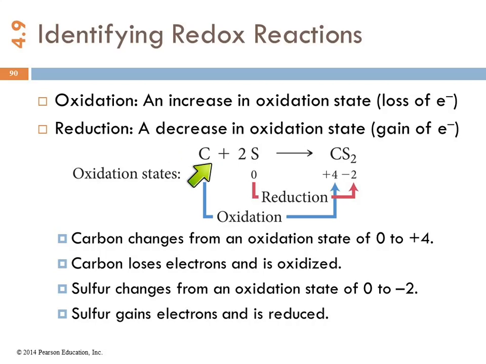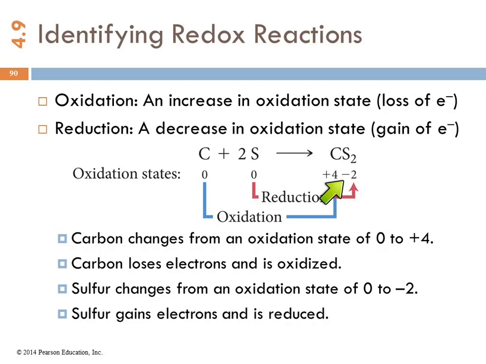So here we have carbon. This is the element. It has an oxidation state of 0. Here's sulfur, the element. Oxidation state is 0. In this compound, we go down that table, fluorine, hydrogen, oxygen, and then I think it went group 7, group 6. That would be sulfur. Sulfur gets to be -2.